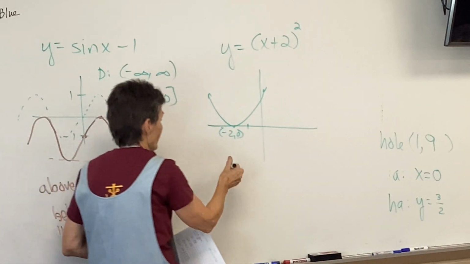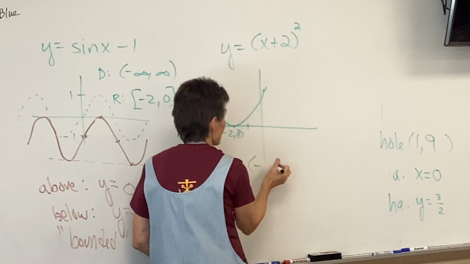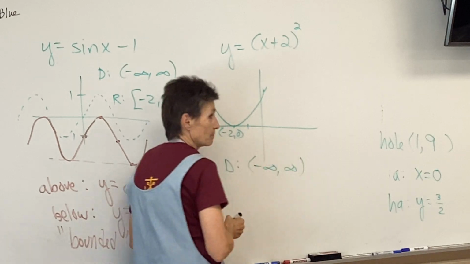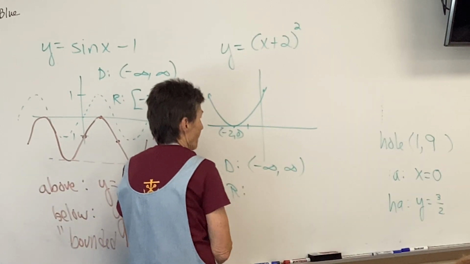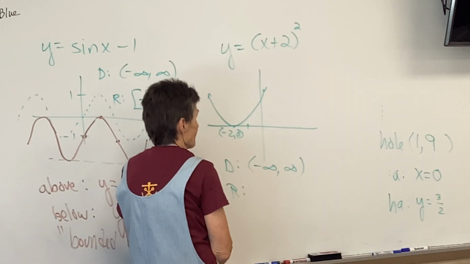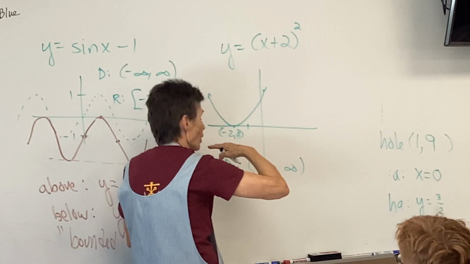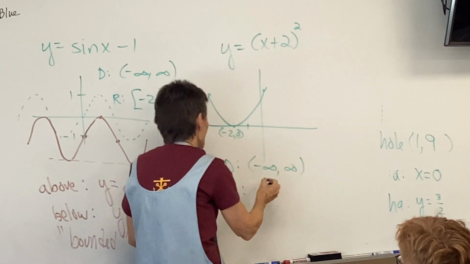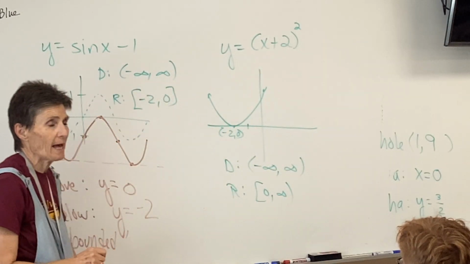Now what about this one? What's your domain here? Same thing? And what's your range? How far down does it go? 0. Kids, with range, which letter do we look at?